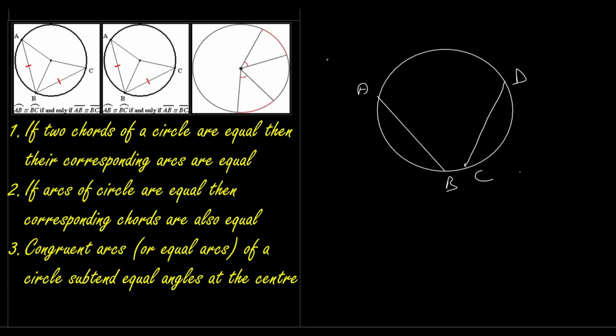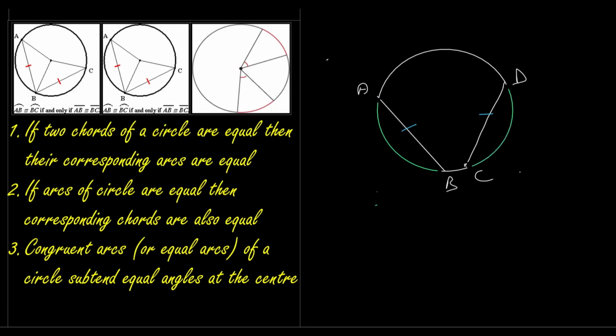Let me make a small cut over here to make you understand that if you are given these two chords, say AB is equal to CD, then this arc AB should be equal to this arc CD.